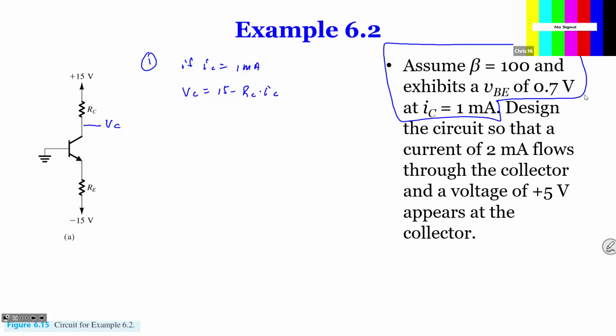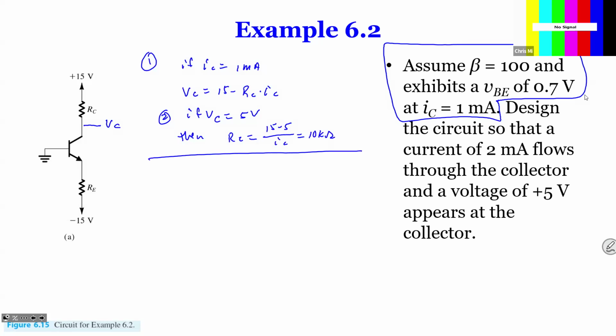However, if VC is 5 volts, then we can calculate RC equal to 15 minus 5 divided by IC. It's 10 kilo ohms. Assuming it's fine. Well, 5 was given. Well, that is wrong because what it says here is 2 milliamps current. Now we're actually having trouble because it's 2 milliamps current.